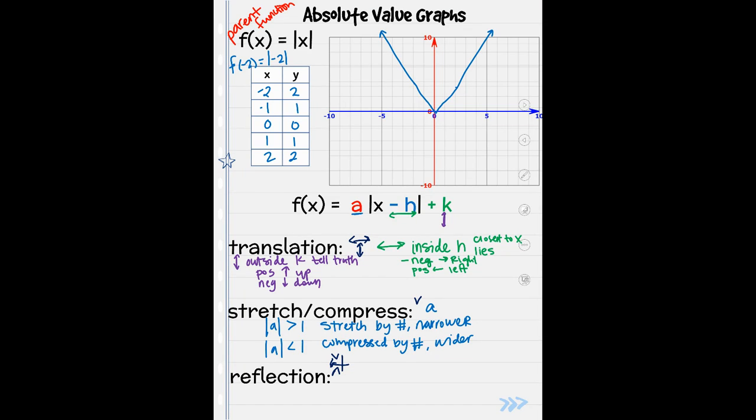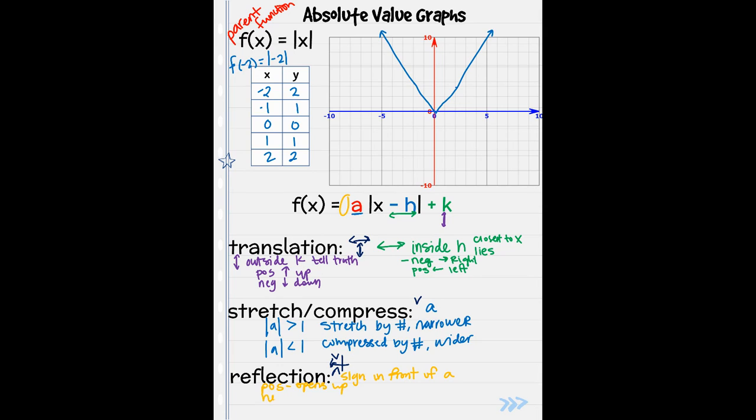Finally, our reflection: we're going to look at the sign in front of A. If it is a positive number, it opens up.